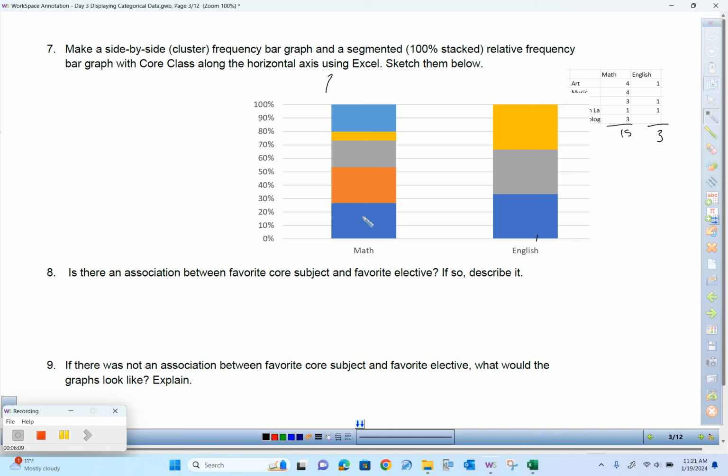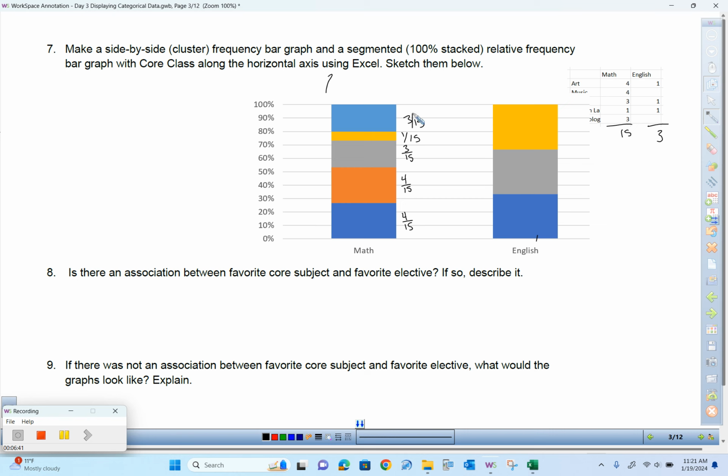This first section was talking about art, so that's 4 out of 15. Okay, and 4 out of 15 gives you the percent right in between here. The next one was 4 out of 15 again, and then it was 3 out of 15, 1 out of 15, and 3 out of 15.